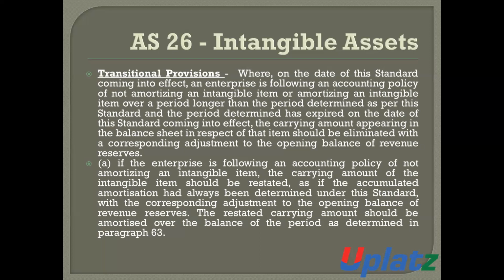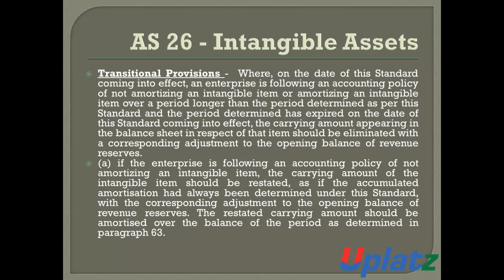Where on the date of this standard coming into effect, the enterprise is following an accounting policy of not amortizing an intangible item, or amortizing an intangible item over a period longer than the period which is determined as per this standard, and the period which is determined has expired on the date of this standard coming into effect, the carrying amount appearing in the balance sheet in respect of that item should be eliminated with the corresponding adjustment to the opening balance of revenue reserve.